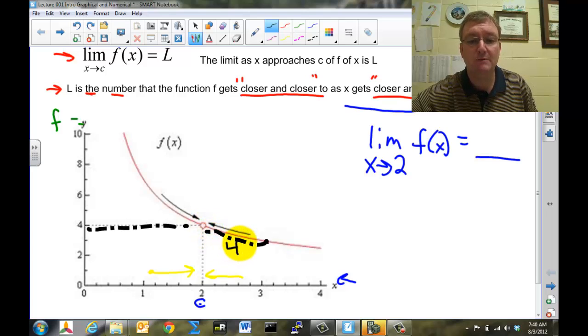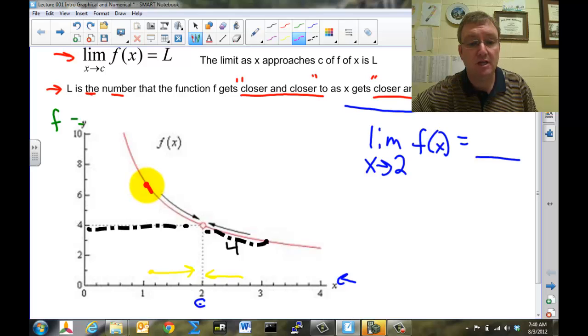Is that the only place we could be close to c at? No, we could be on the left side of c. We could be over here somewhere and moving towards it. So let's look at that scenario. Again, we'll do the same process. We'll get on the curve somewhere over here close to c. Now I want us to move towards c, but we have to stay on the curve.